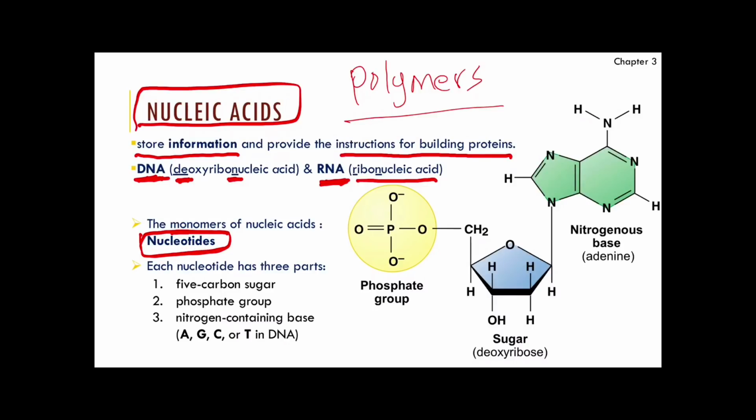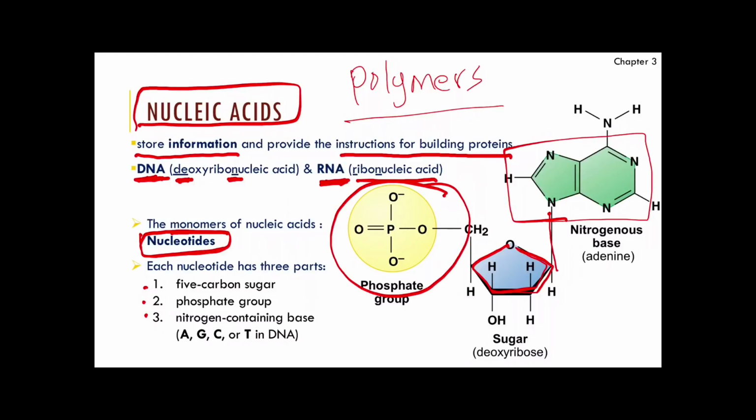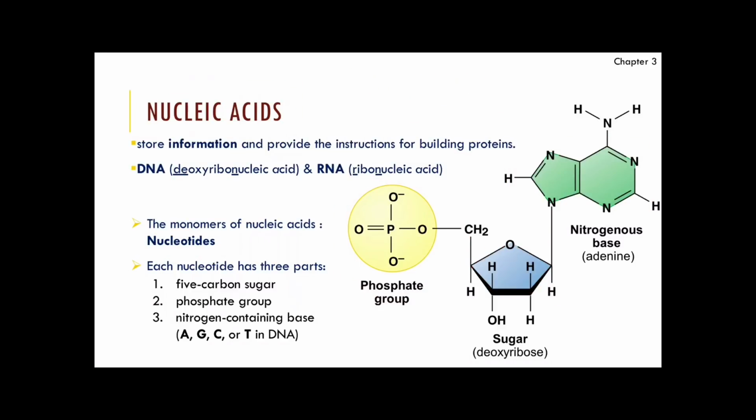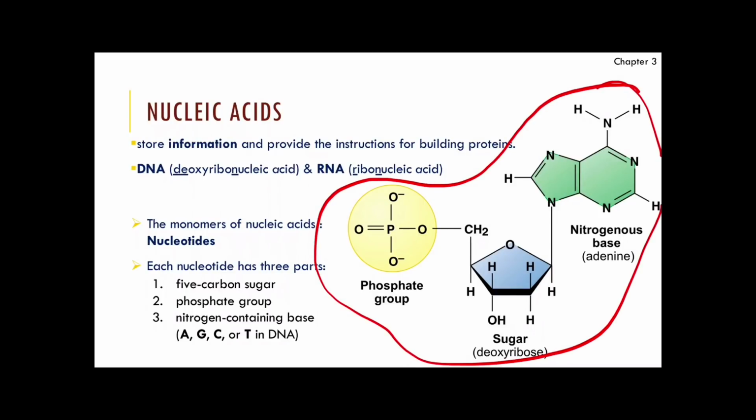Each nucleotide يعني المونومر الواحد فيه 3 أشياء. فيه 5 carbon sugar يعني سكر خماسي، وفيه قاعدة نيتروجينية اللي هي هذه nitrogenous base، وفيه phosphate group. هذه 3 أشياء الموجودة in one nucleotide. Some students get confused and think this is a monomer and this is another monomer and this is another monomer. I know it sounds silly but students make that mistake. يحسبون هذا monomer هذا monomer هذا monomer. خطأ. You need to understand this whole thing is just one monomer.